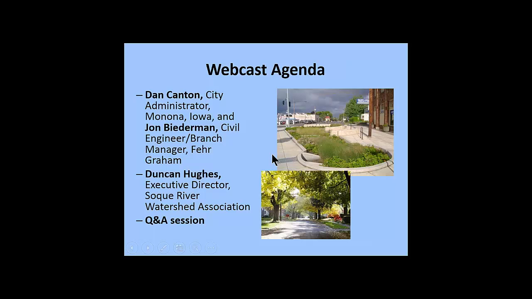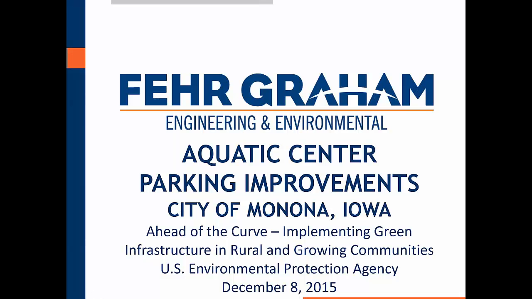He is a board member of the Turkey River Watershed Management Authority in Northeast Iowa and is currently in the process of developing a stormwater management ordinance for Monona. Dan is a 1976 graduate of Luther College in Decorah, Iowa. And also presenting with Dan is John Biederman, and he is a civil engineer and branch manager of Fairgraham's West Union, Iowa office. John graduated with a BS in civil engineering in 1991 from the University of Iowa and has extensive experience with permeable pavers and stormwater management.